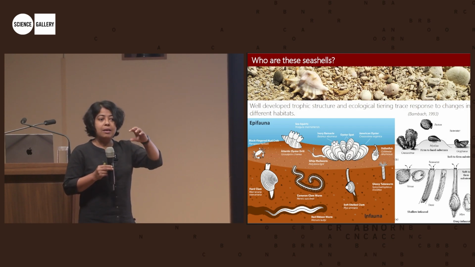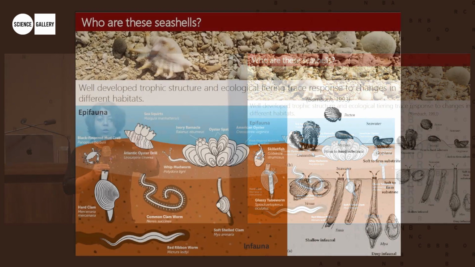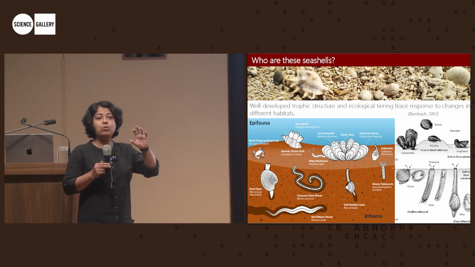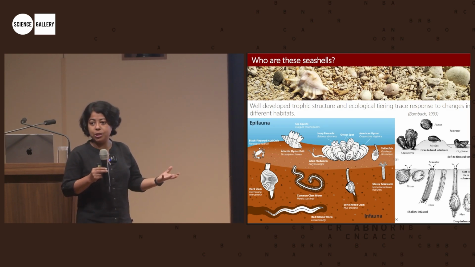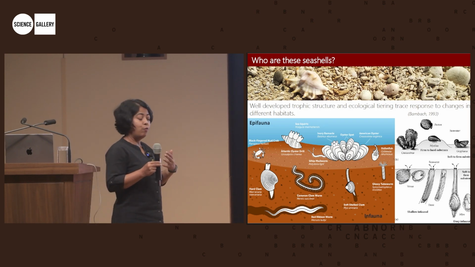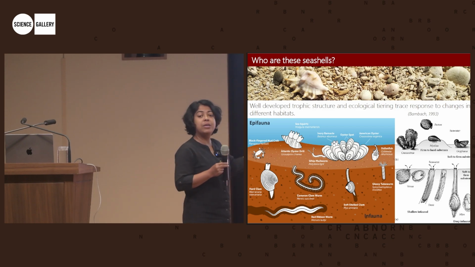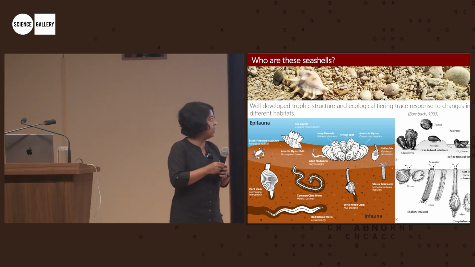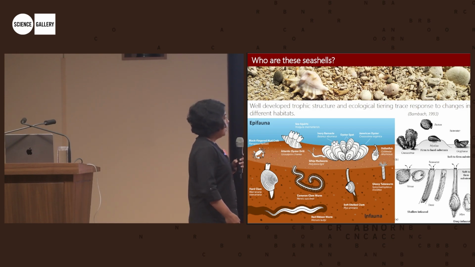But if you look deep, there are lots of seashells living inside these sediments, and some of them interact with the sea water directly, some interact with the sediments. So each of them preserves unique environmental information which is interesting for past reconstruction of climate and environment. That is what we are going to see in some of the cases.